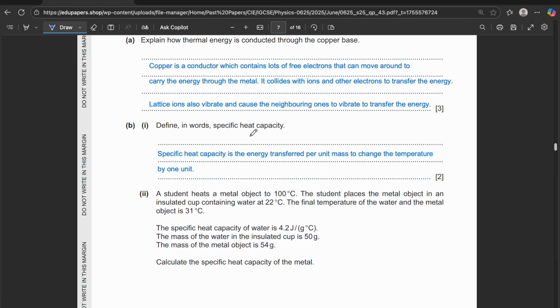If you forget this, you can always go back to the equation, mΔT. So it is energy transferred per unit mass per unit temperature.